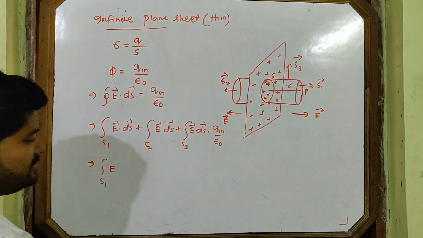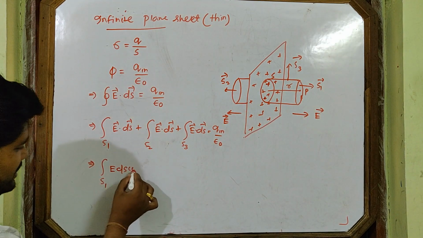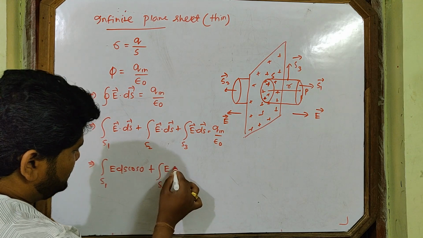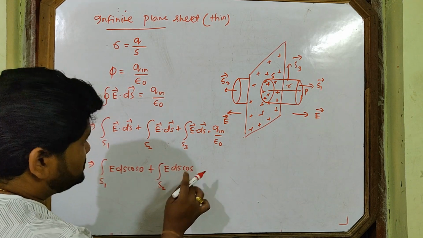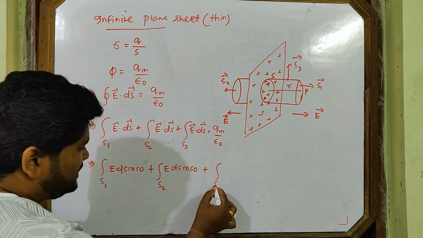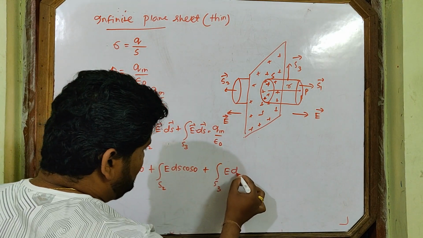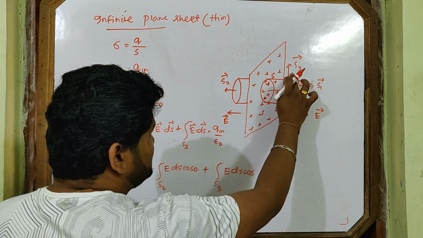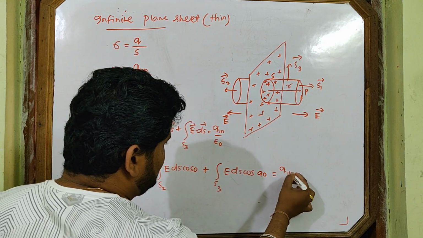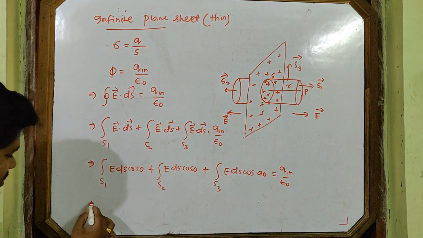S1 and electric field both in the same direction. So E ds cos 0. S2 and electric field, 0. Then S3, E ds cos, S3 this side, electric field this side. Angle is 90. Q in by epsilon naught.